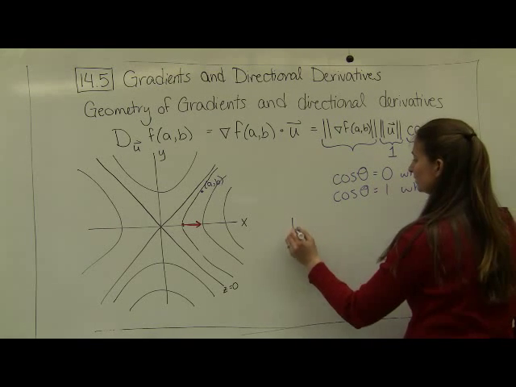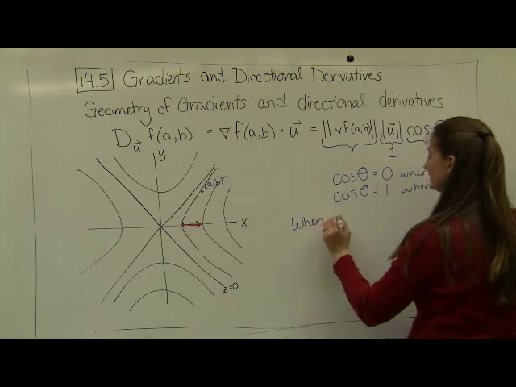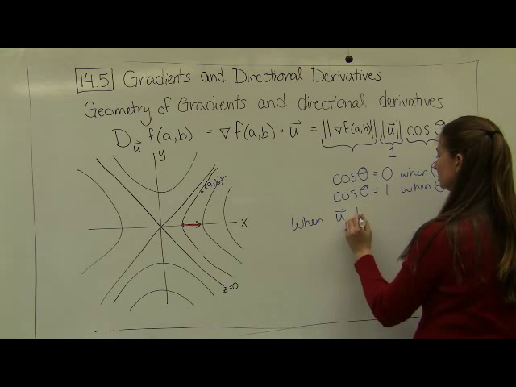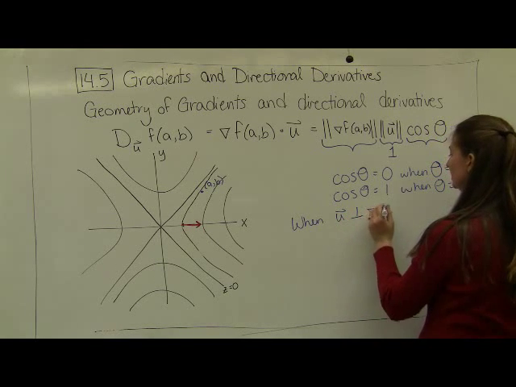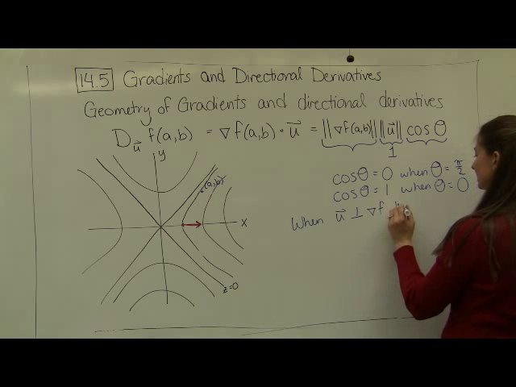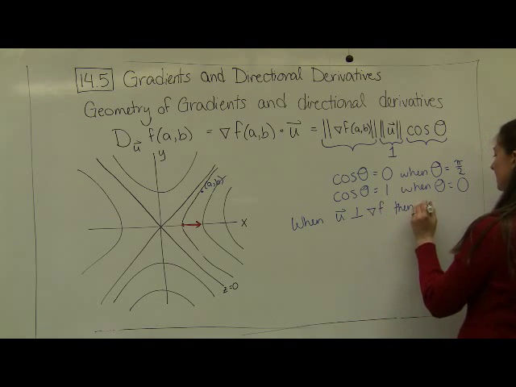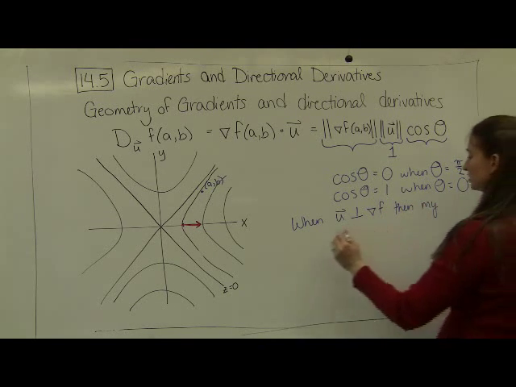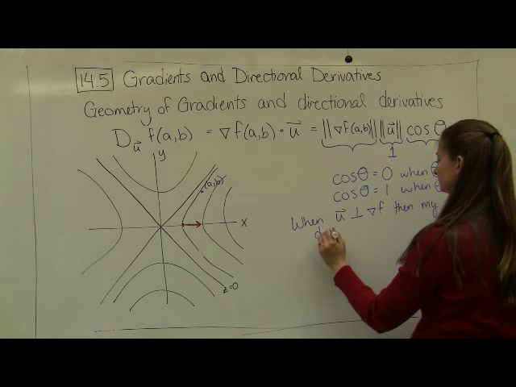So I'll write that down. When my unit vector is perpendicular to the gradient function, then my directional derivative is 0.